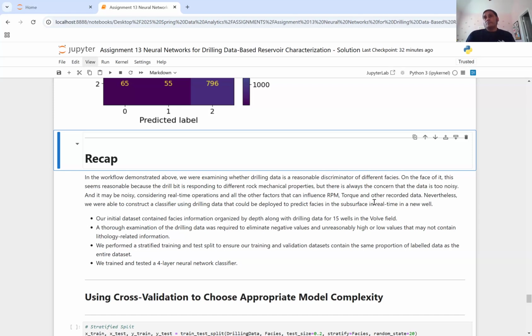And although I got a decent performance out of it, I don't know that that's the best model. So what we're going to be seeing next is where I'm going to be making a choice amongst 3 different models. And I'm also going to be doing something called cross-validation, which we have discussed previously. And I'll go over cross-validation in a little bit more detail as we progress down below.